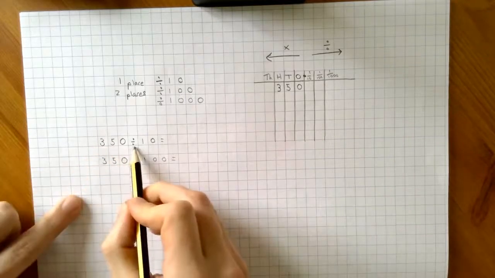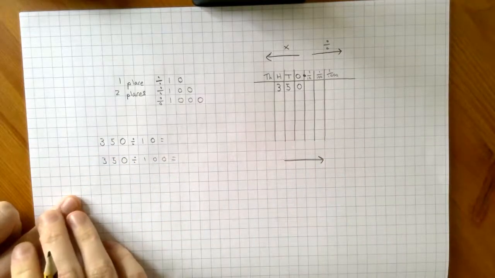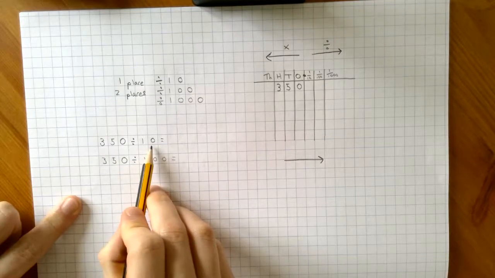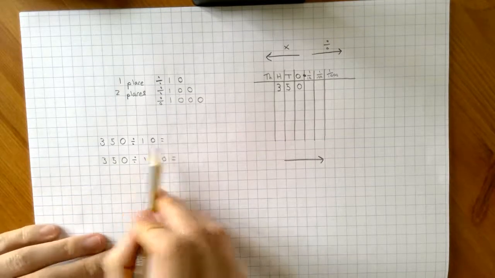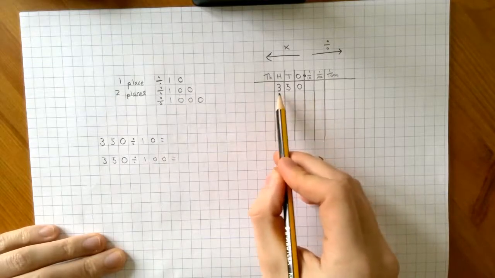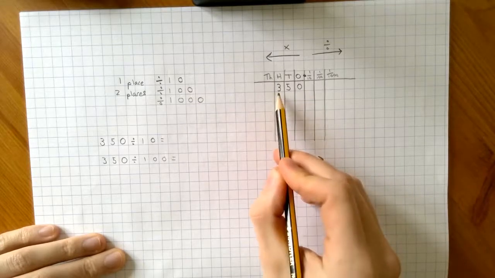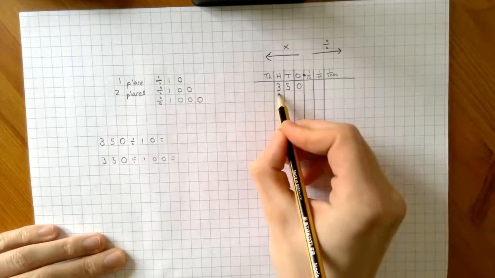Then it's dividing, so already I know I'm going in that direction only. Because it's 10, I'm going to move it one place. All of those numbers are going to move, but I only ever draw the arrow on one, so I always start at the front or the back of the number. I'm going to start at the front just because a 3 is a nice number to work with.